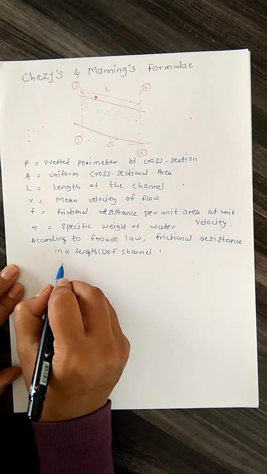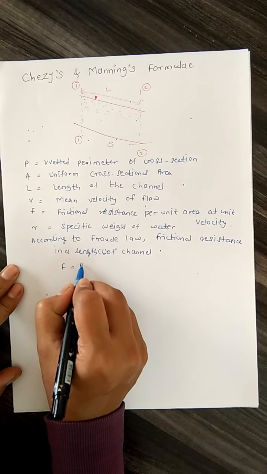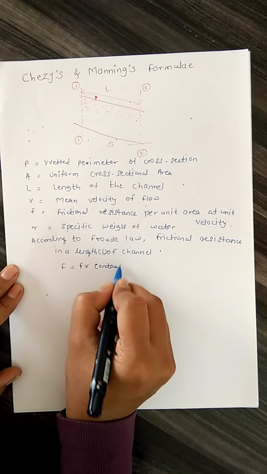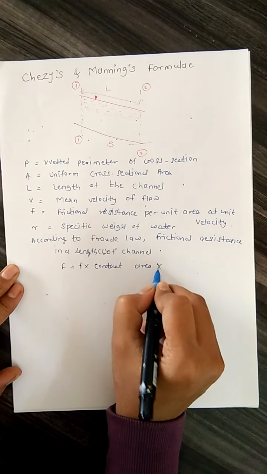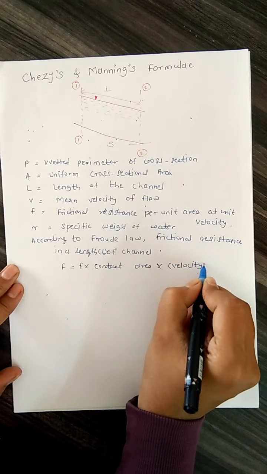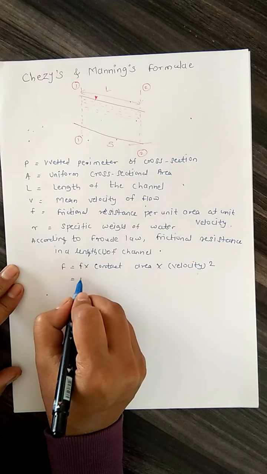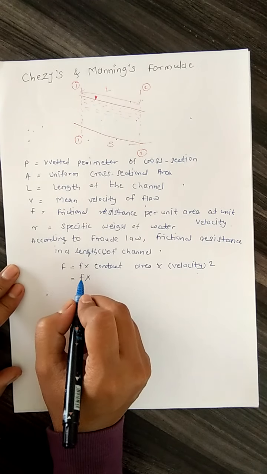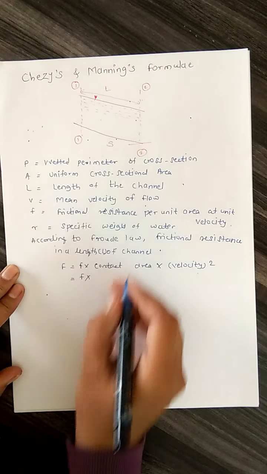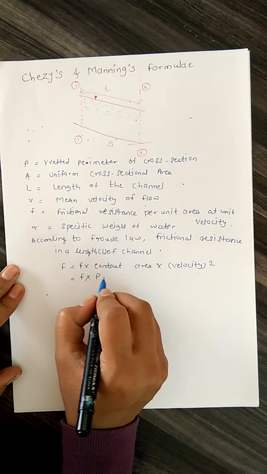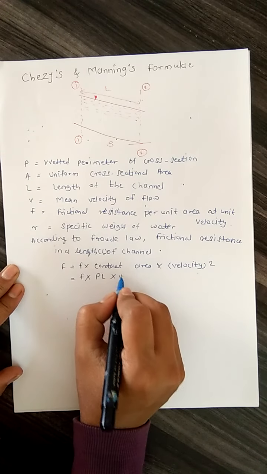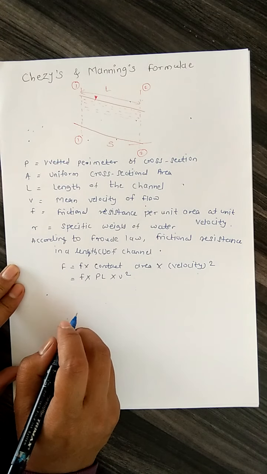is given by capital F is equal to small f into contact area into velocity square. So put here small f into contact area, that is P into L, where P is the wetted perimeter and L is the length of the channel, into velocity square, that is small v square, the mean velocity of the flow.